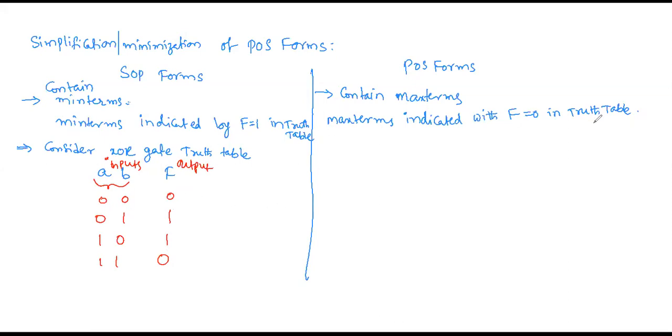Here f is equal to 0 indicates maxterms, so these two are maxterms. And f is equal to 1 for these two, AB is 0 1 and 1 0. Output is 1, so these two indicate minterms.